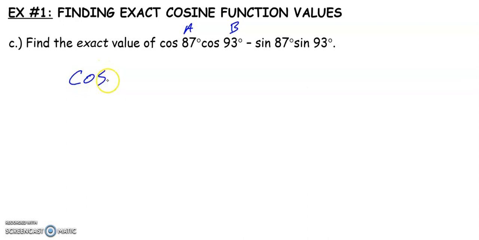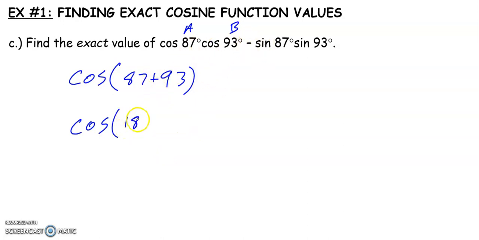So we're going to find the cosine of 87 minus 93. Well, the cosine of 87 minus 93 is, oh, I'm sorry, not a minus. Goodness, that's a plus. That's the cosine of 180 degrees.